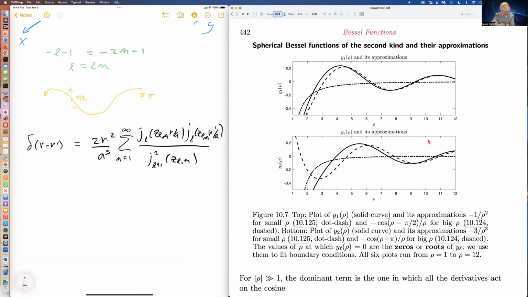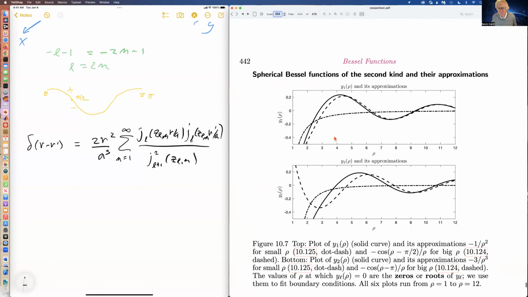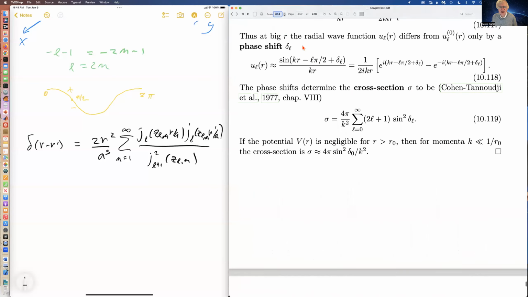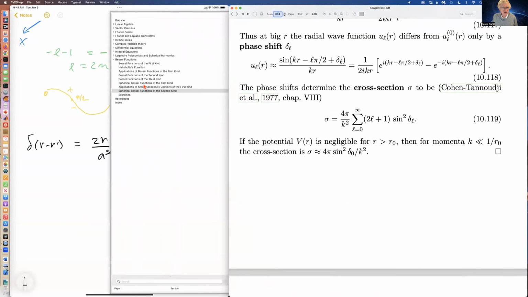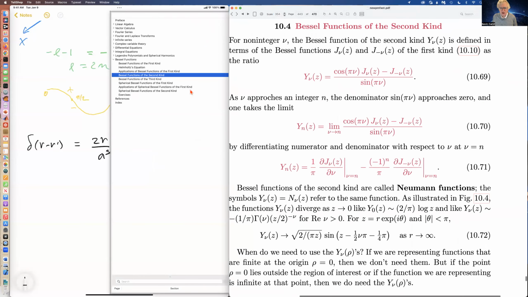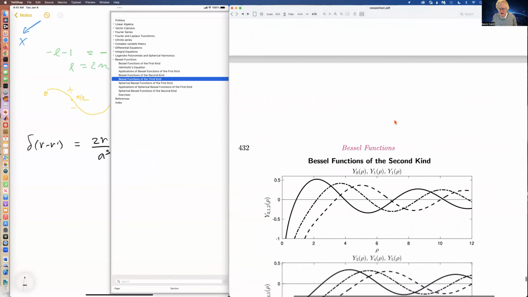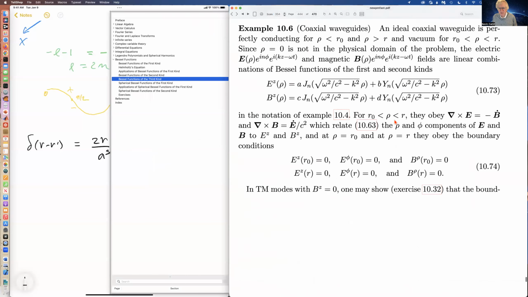Let me see. For a coaxial cable, well, there you use the ordinary Neumann functions of the cylindrical Bessel function. And I think I went through that last time. Let me just make sure, because I wouldn't want to. It's possible that I added an example.